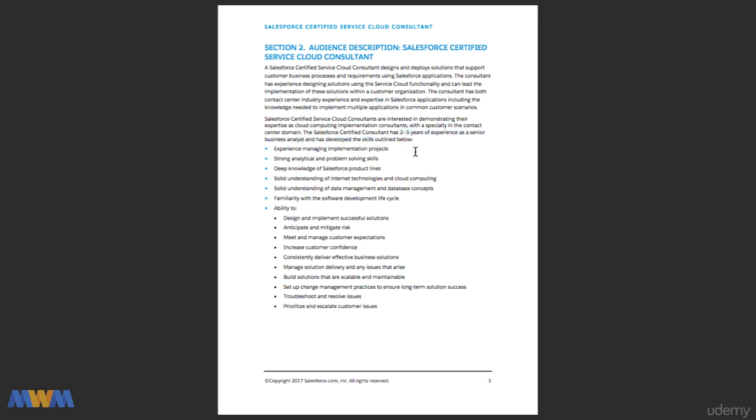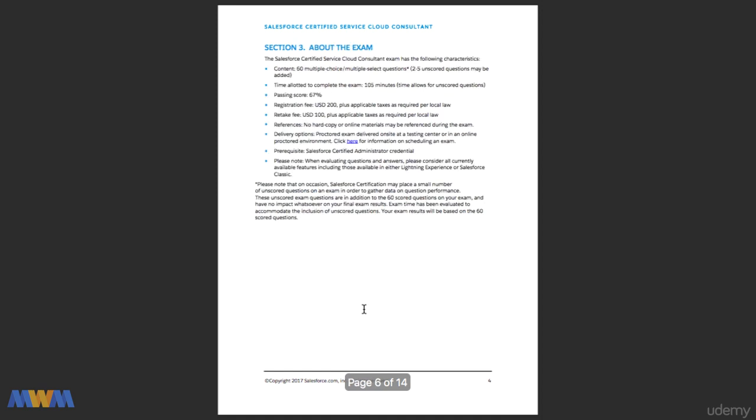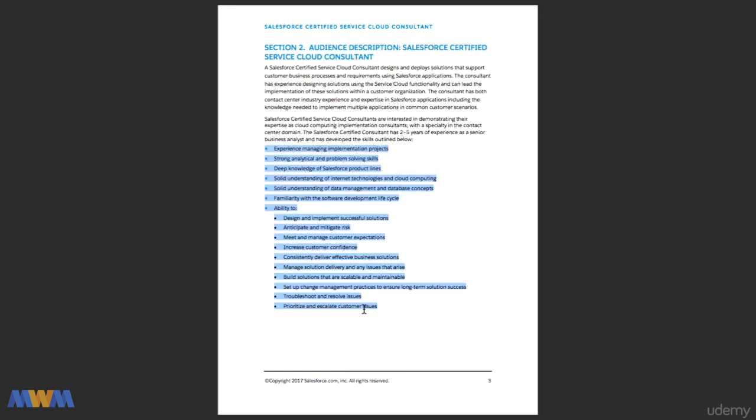This course is designed to help you get to this point quicker than 2 to 5 years, and I've really tried to make this course thorough so that you can get experience, at least at a high level, with a lot of these concepts. You will have the ability to satisfy these different bullet points by the end of this course, and by supplementing your learning by going through relevant Trailhead modules, which I also have lectures related to.